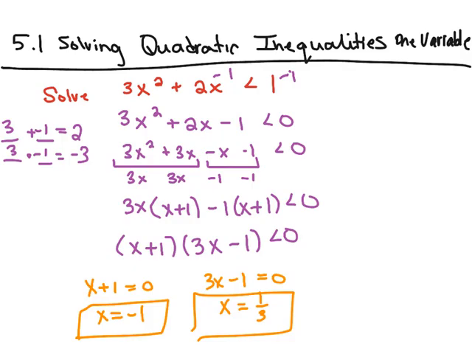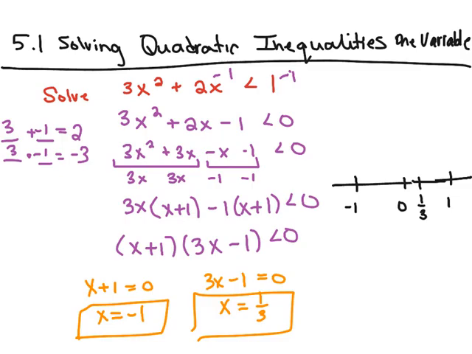Now to put this on a number line, we write in our critical values. So -1, 0, 1, and 1/3 would be right about there. So we want to find when it's less than 0, so we want to find our middle bounds.